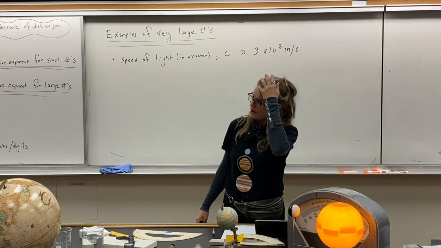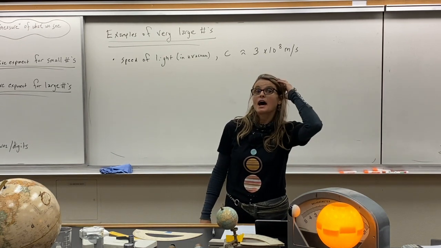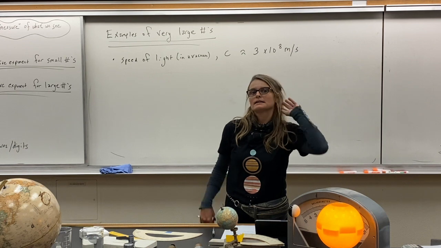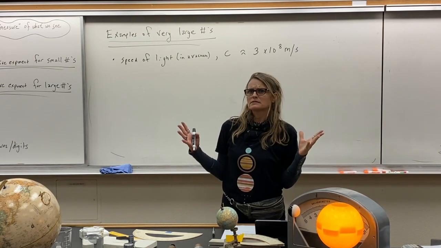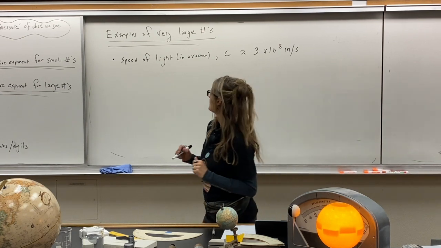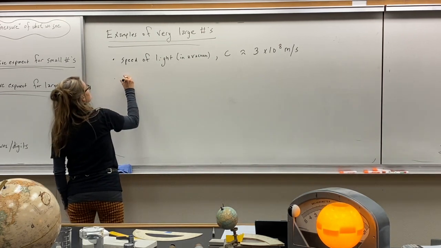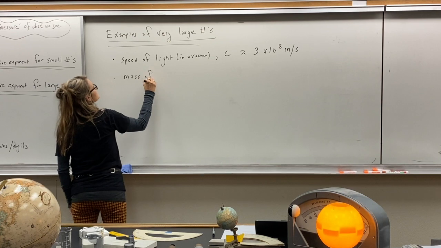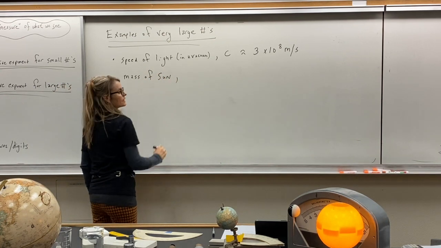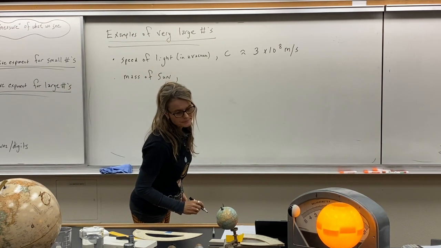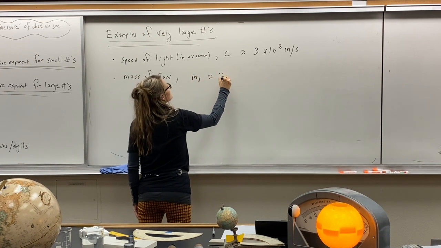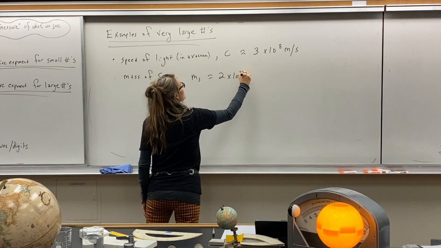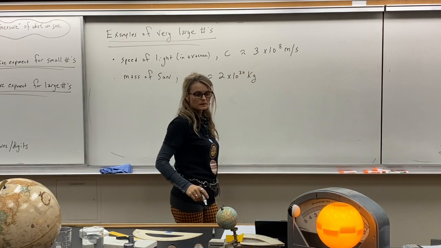And then if we start looking at the sizes of objects in our solar system and beyond, like what's the mass of the sun? The mass is really heavy. So the mass of the sun is approximately, and you can look these up easily.